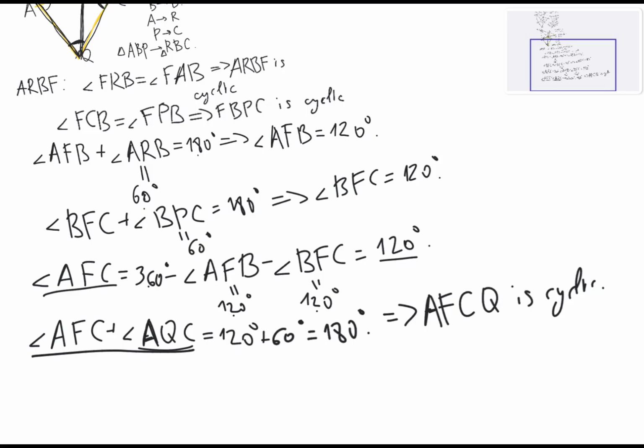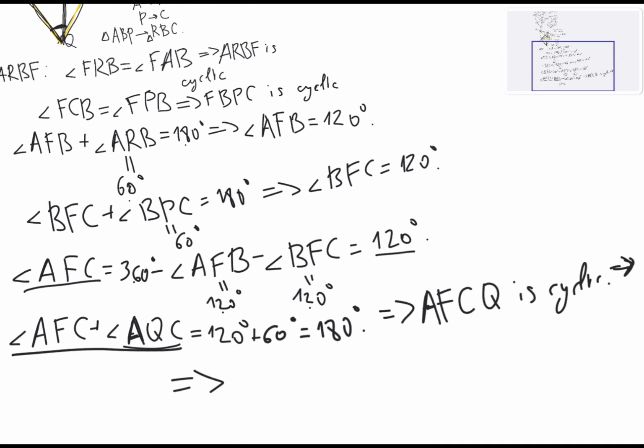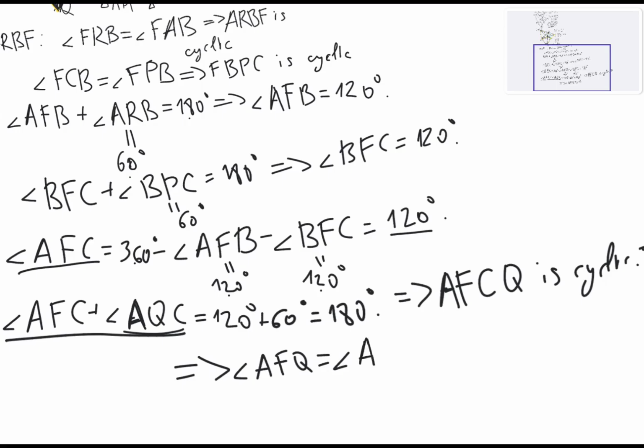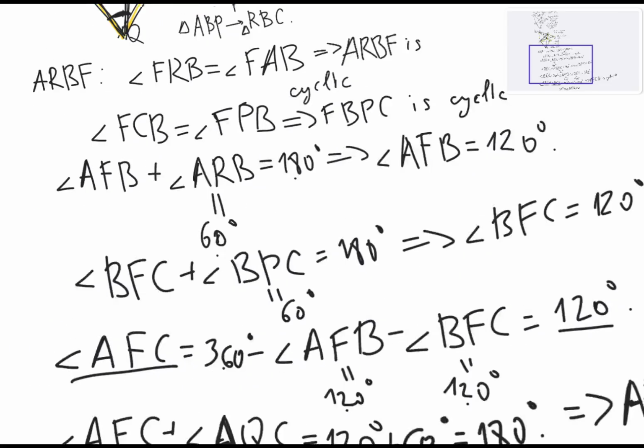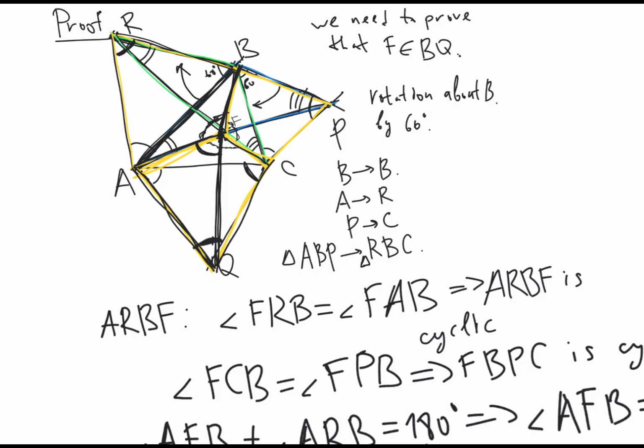So because it is cyclic, it implies that the angle AFQ is equal to the angle ACQ, and ACQ is simply 60 degrees because it's an angle in the equilateral triangle. So AFQ is 60 degrees. Now we see that AFQ is 60 degrees and AFB is 120 degrees, right?